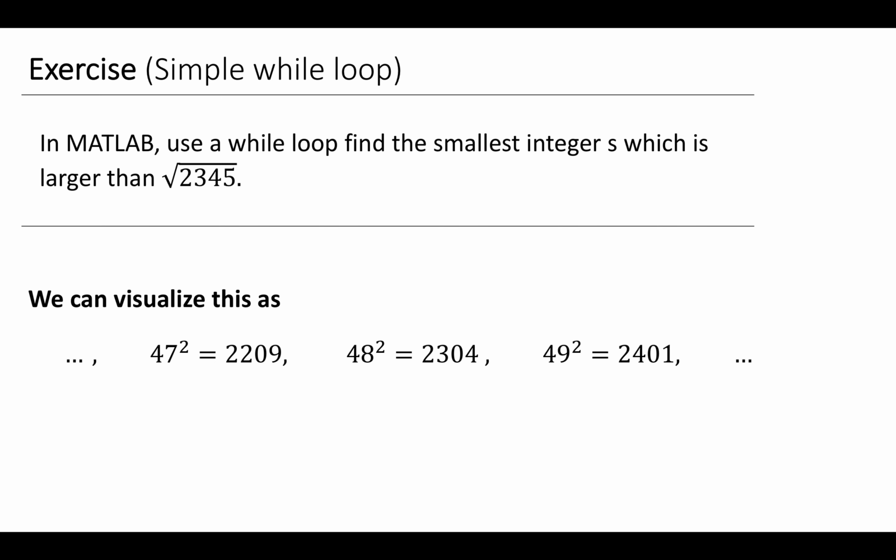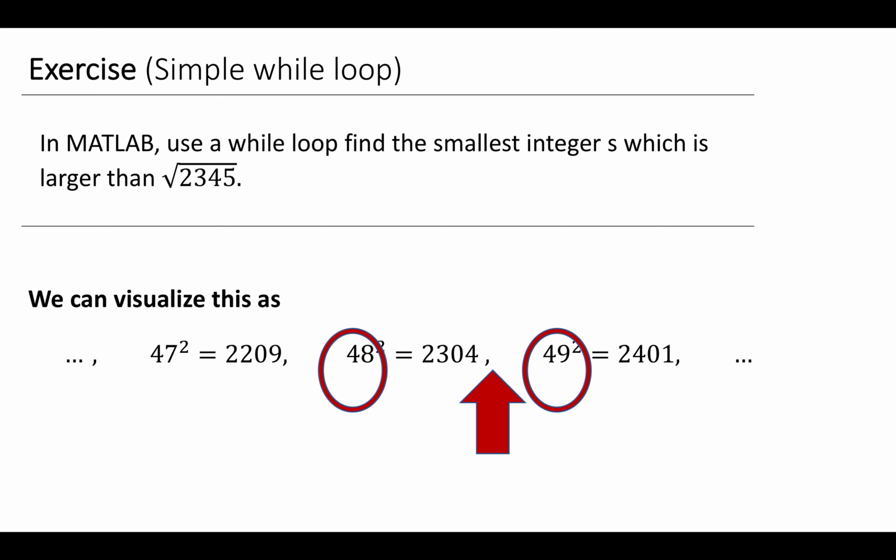That may sound like a long-winded way of approaching the problem, but it's very easy to explain. If you can explain it in a clear way like this, then you can write code that does it. If you go through this in your head or with pen and paper, you get to 48, and its square is less than 2345.